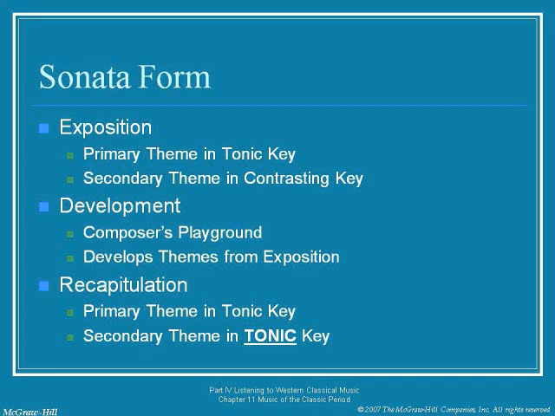So sonata form has to have its three elements, the exposition, development, and recapitulation, but it can have as many as five: an introduction, then the exposition, then the development, then the recapitulation, then a coda. Please take notes on what I am saying, because you will be tested on this and the order that these fall in.